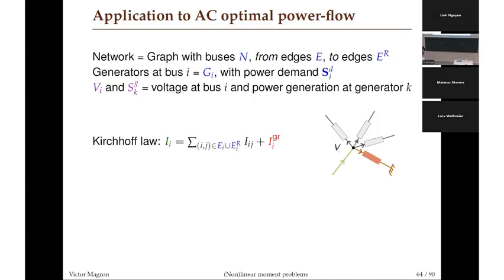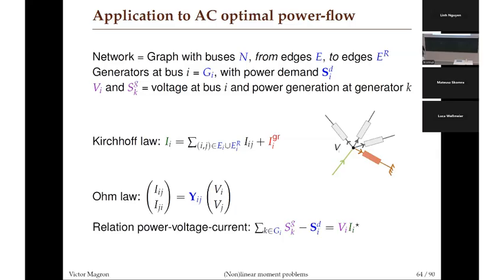The physical laws that are used are Kirchhoff's law, the conservation of currents, so you have this additivity of currents at every node, and Ohm's law. Personally, in school I didn't learn it like that; it was voltage equal to the resistance times the current. I don't know why they use the inverse of the resistance. Then you combine everything.